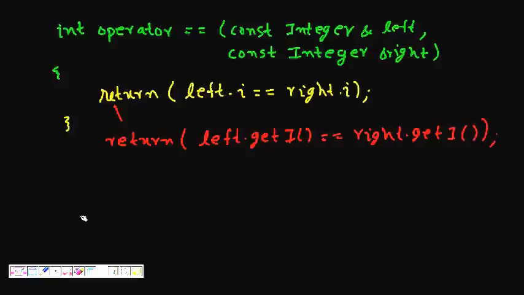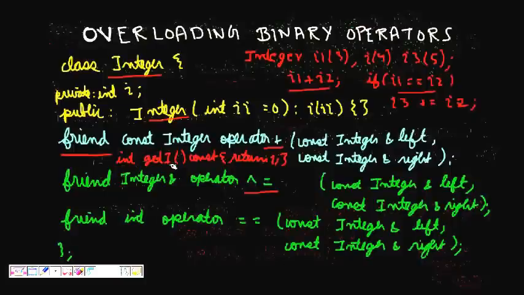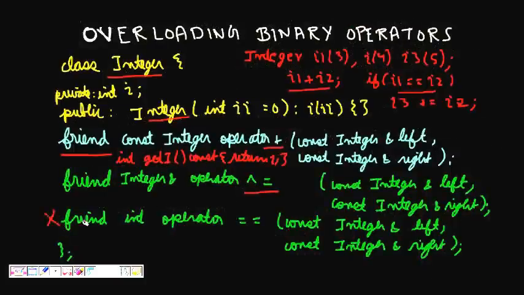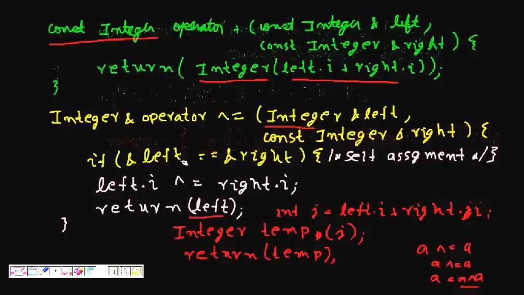So we don't always need to define it as a friend function. If I have a method that gives me I, then I am done. So this way I don't need a friend function for this operator equal to; I can directly use that. I needed it to be a friend function only when I am doing left dot I. If I have some public API left dot get I, then I can be done.